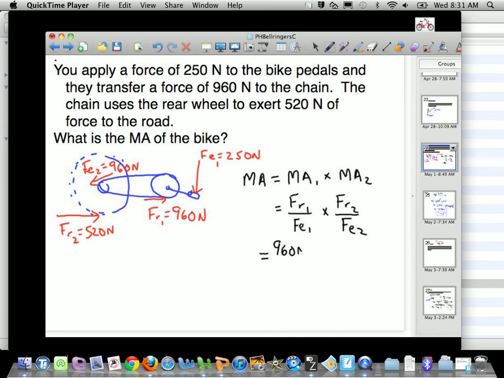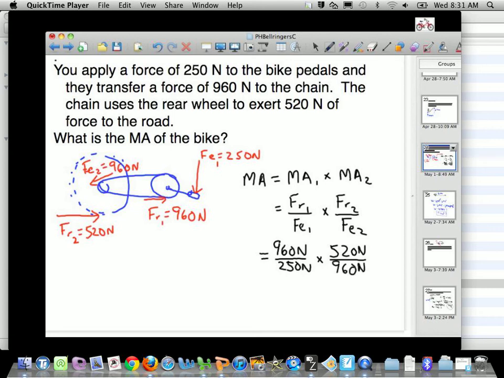For the effort force is 250 newtons. And then on the wheel and axle, the effort force from the chain is 960 newtons, and the resistance force is 520 newtons. So we're going to multiply by 520 divided by 960.